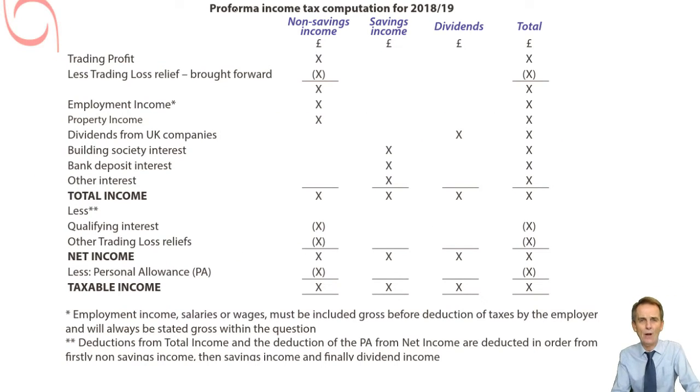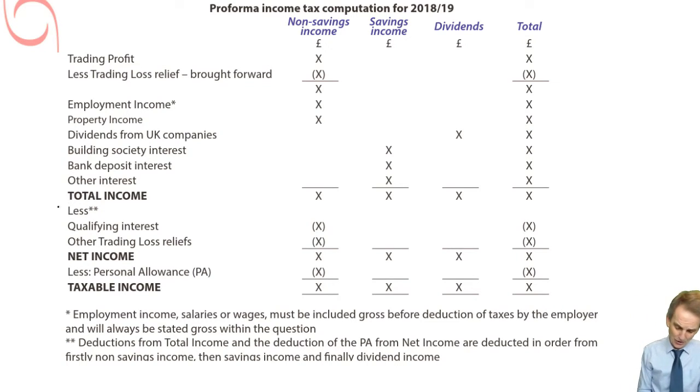We'll go back on page 5 of your notes, something which I hope that by now is again like the proverbial old friend to you. You could indeed sit with a blank piece of paper and draft out that computation, getting the income in the order of earned, then unearned, considering all such types of income, knowing without dealing with the details of trading profit, but on the other bases of assessment, we assess actual amounts received and how to analyse non-savings, savings and dividend.